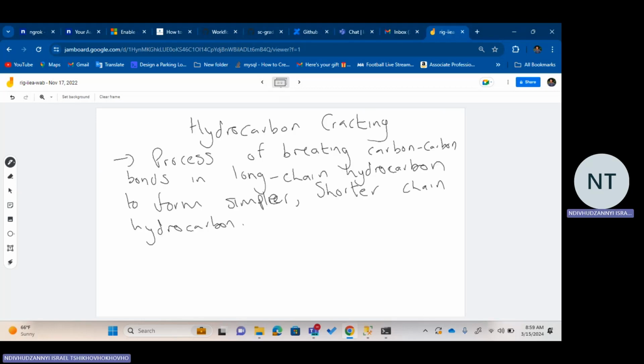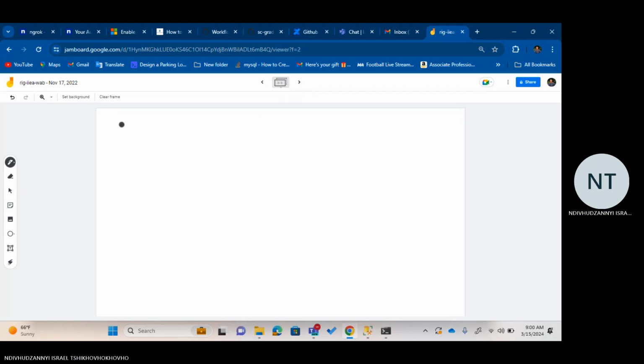A process of breaking down carbon-carbon bonds in the long chain of a hydrocarbon to form a simpler or short chain hydrocarbon, right? So let's dive deep into the two types of cracking. The first one we call thermal cracking, and the second one is catalytic cracking.